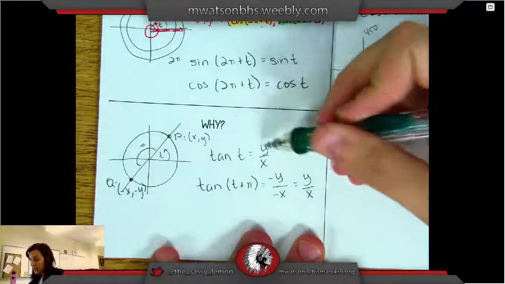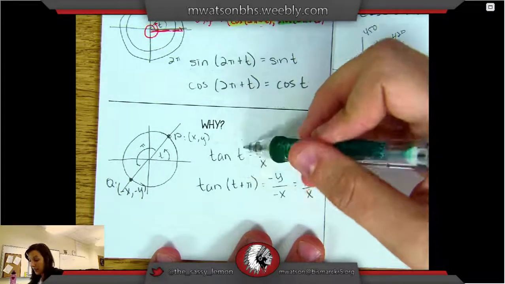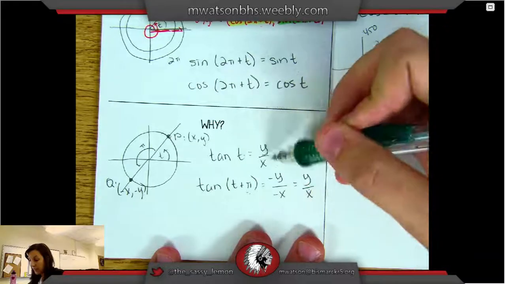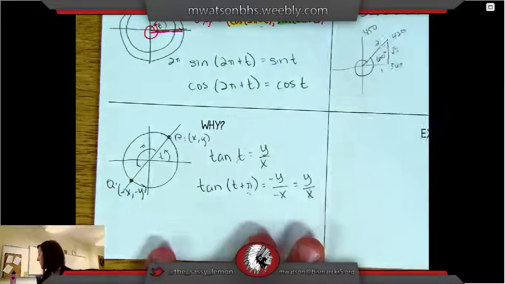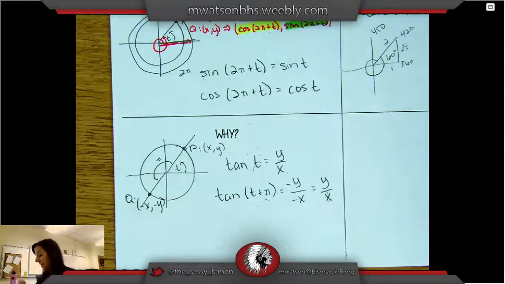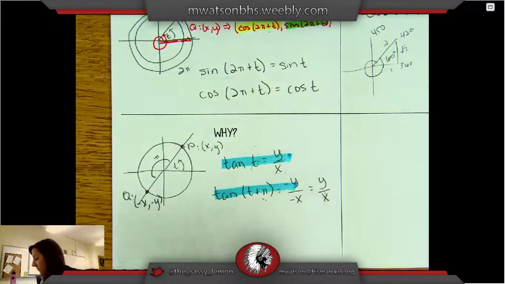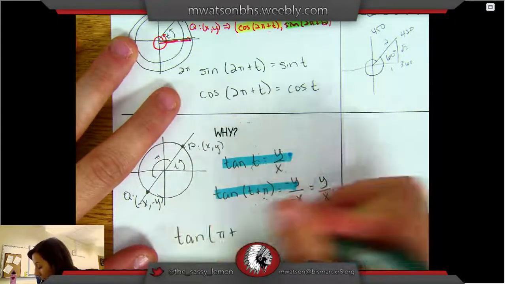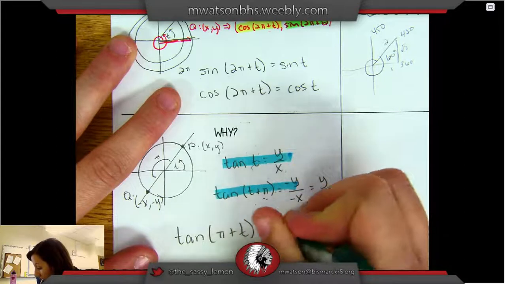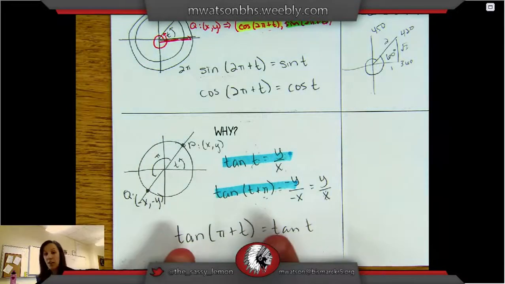So these two are equal. If tangent of t equals y over x and tangent of t plus pi equals y over x, then these two are equal, which gives us our third identity, which says that tangent of pi plus t is equal to tangent of just t. Alright, so there's our 3 identities.